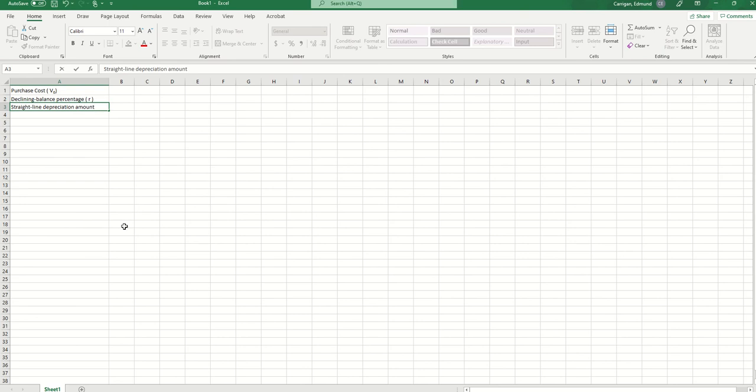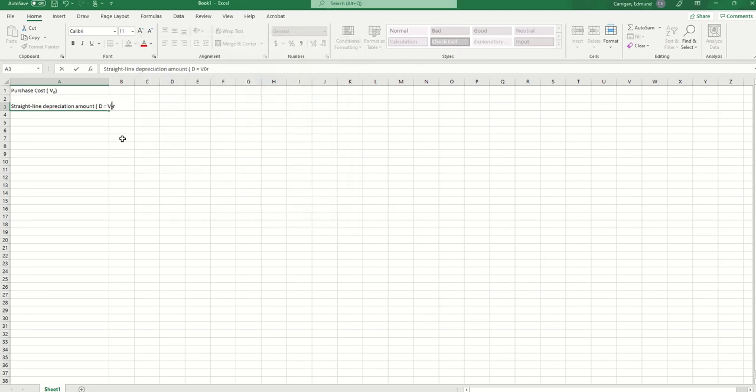And then my straight line depreciation amount, if you remember, in our formula was a capital D. Okay, so I'll put that in there as well. Now, I'm going to go D, and I'm going to go equals as well, because if you remember, most of the time it might be given to us. If we need to calculate it, in this case, it is V0 times that r. So again, I'm going to change that to a subscript.